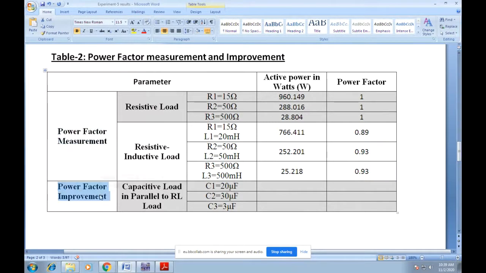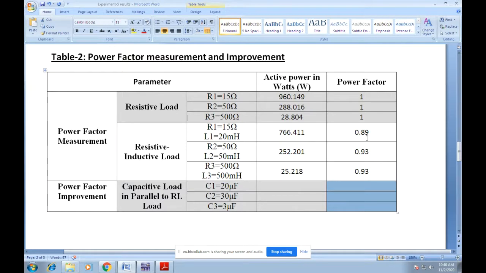Then the next step is we are going to improve the power factor. In theory you have studied how to improve the power factor. If you connect a capacitive load in parallel to this same RL load, you can observe some improvement in power factor. You also know that if the power factor is less than 95%, that load is not good.